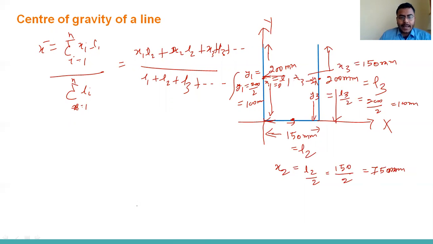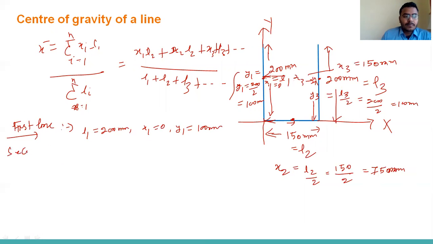Right? So now for the first line L1, we have 200 mm, x1 is 0, y1 is 100 mm.